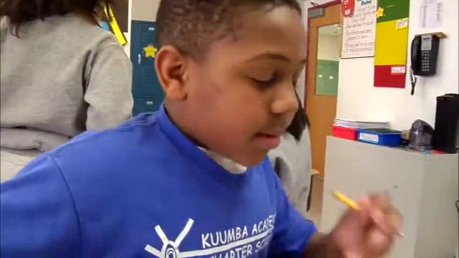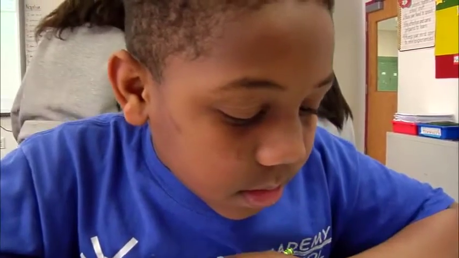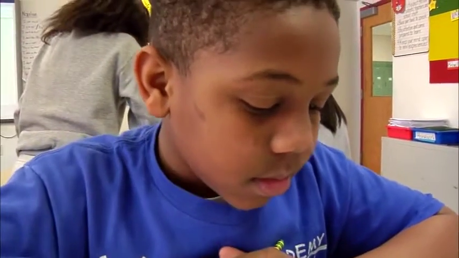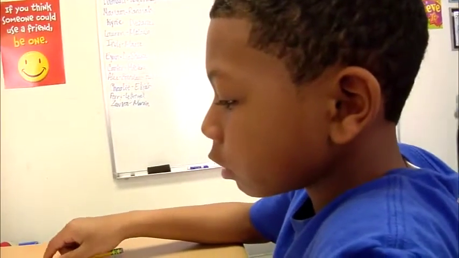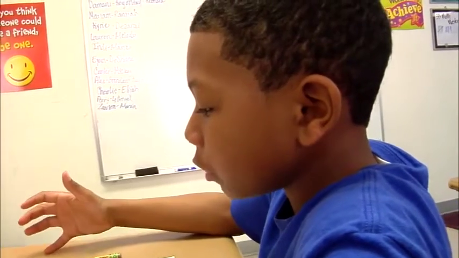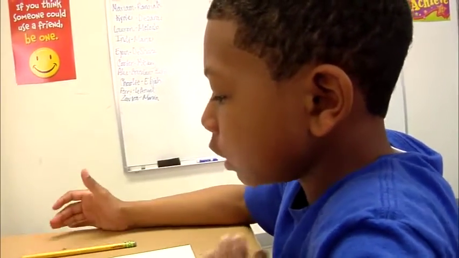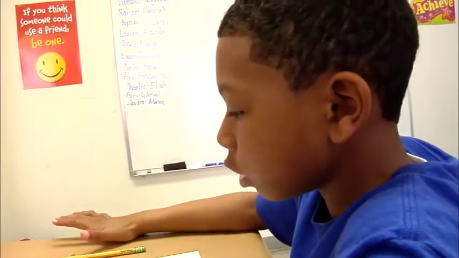Now in the second step, I did 437 plus 369 is 806. And then I draw 2 bars for the 3rd grade, how much they raised, and then 4th grade, how much they raised. And then I wrote the answer under it. And then I said they raised $806 altogether.